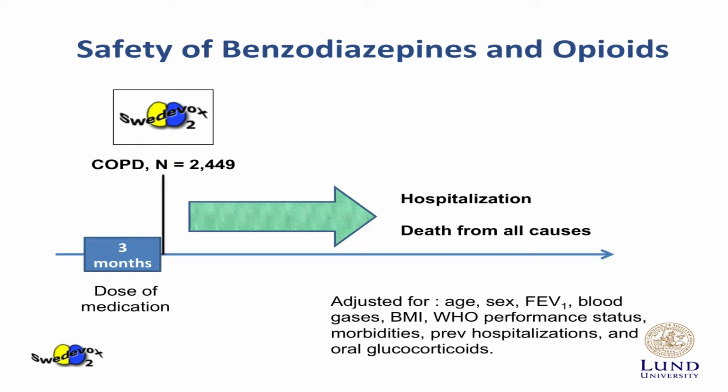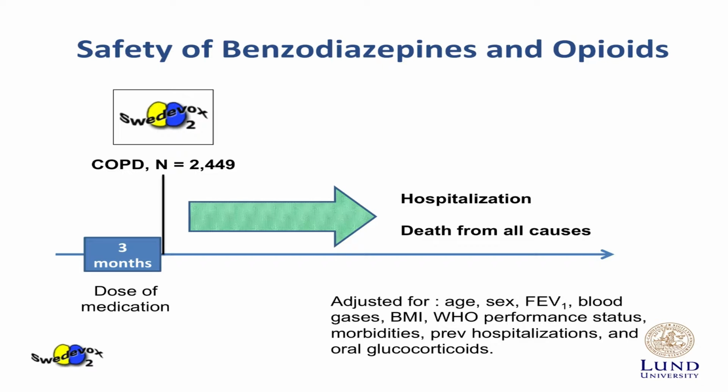We took the patients in the database that had COPD, and for the 3 months before starting oxygen, so this is the baseline for the study, the date of starting oxygen therapy, we calculated the exposure to these drugs, and then we compared groups longitudinally. Endpoints were hospitalization and all-cause mortality. And we adjusted for a number of things.